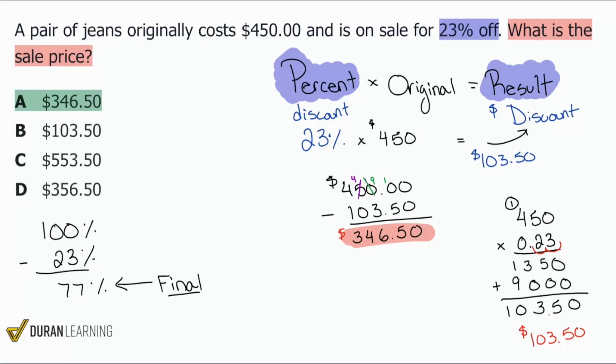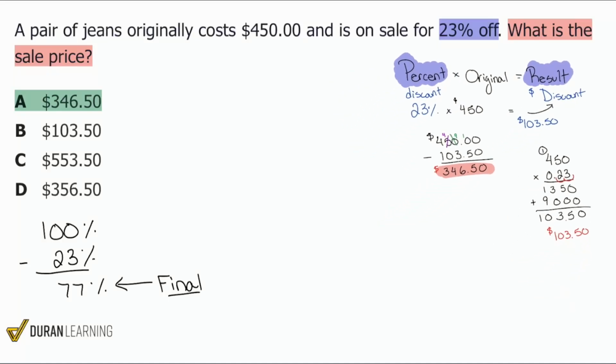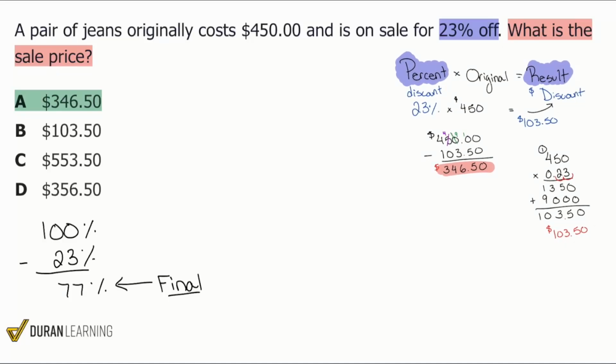We can absolutely use that percentage to get the final answer in one go instead of two. So let me bring this over here, make a little more room for myself, and let me show you what I mean. 77% multiplied by 450. The reason I know this is going to work is because, again, this percentage represents the final cost. So this will give us the final amount.